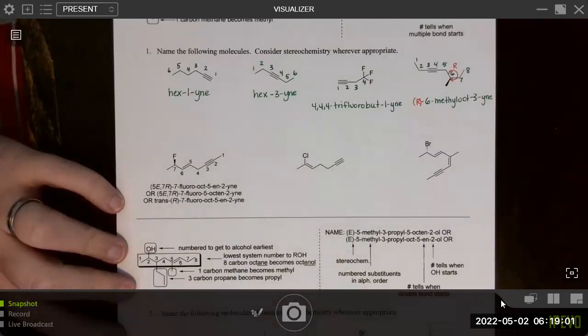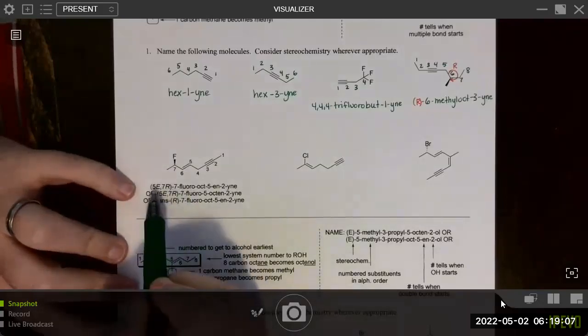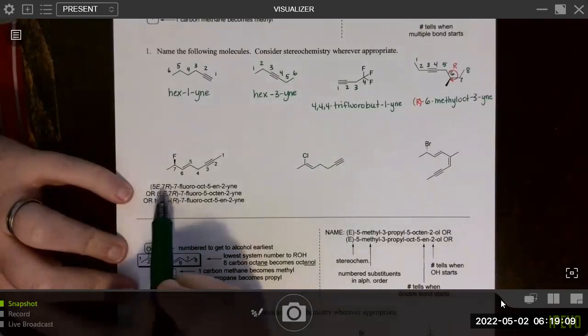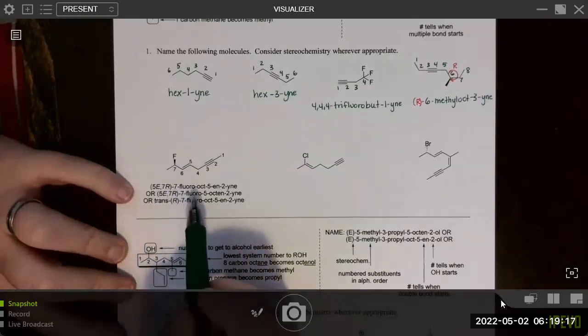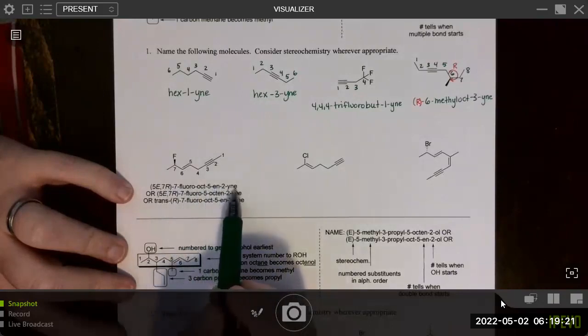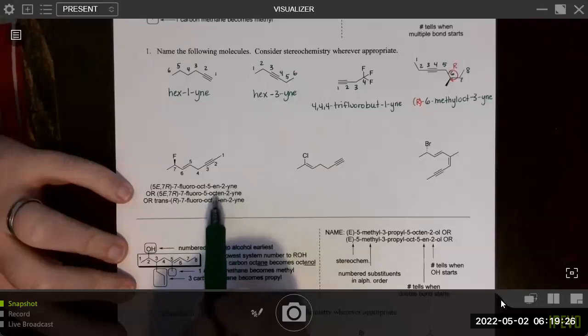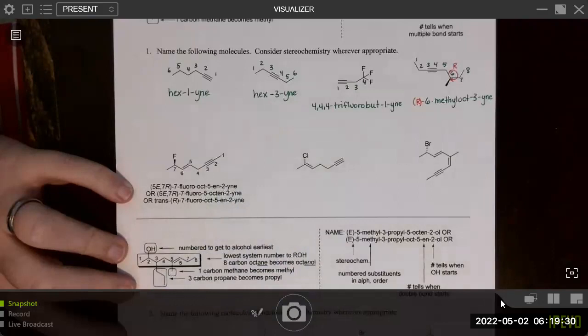I would say probably the best way would be the first way that's listed here, right? 5E,7R. The reason why you do E first and R second is only because of the numbering. So first 5 and then 7. And then 7-fluoro oct, because there's an alkene and an alkyne, the ene comes before the yne because of the alphabetical order. So we do 5-ene, 2-yne.